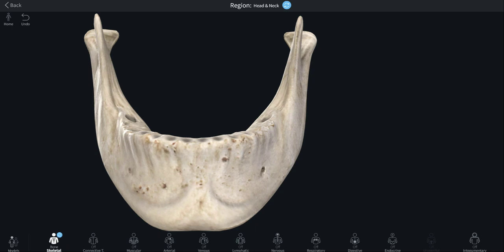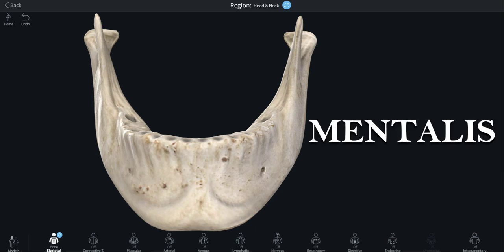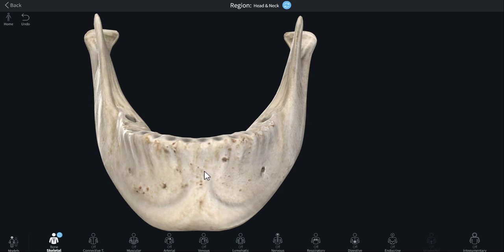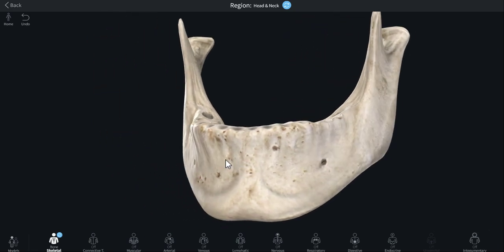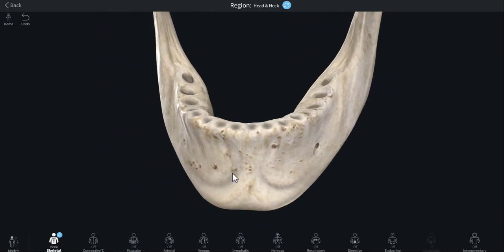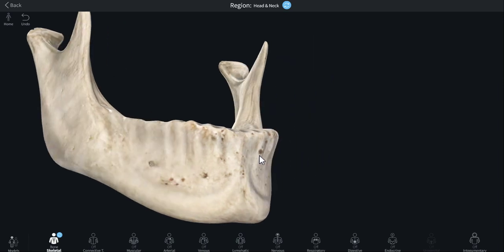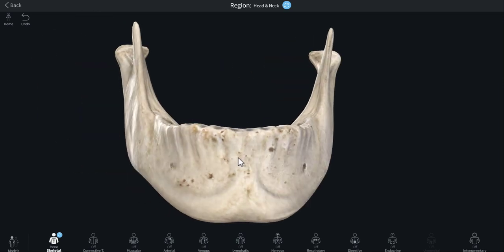Orbicularis oris. And the second attachment is mentalis. So both of these are the names of two muscles, and obviously we will be dealing with their details and get to know them better when we study the face as a whole.